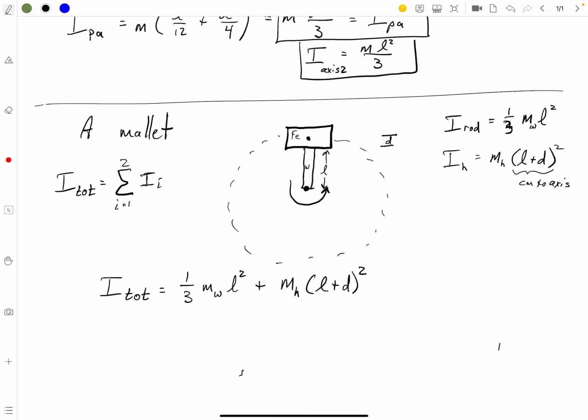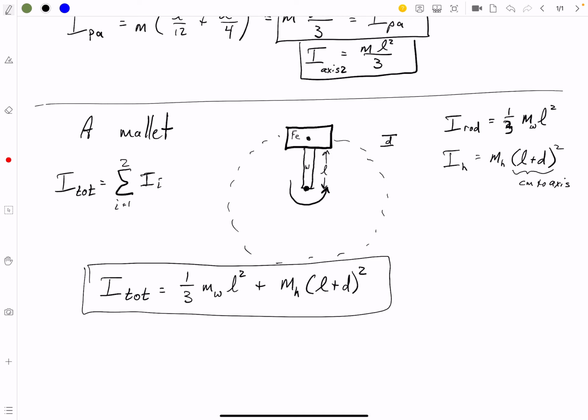And that ends up being our total moment of inertia for this hammer. You can try and do some things where you square and simplify and do all that stuff, but it's not going to look any prettier than this after all your algebra. So this is pretty much the way you might want to leave it if you're ever in this situation.